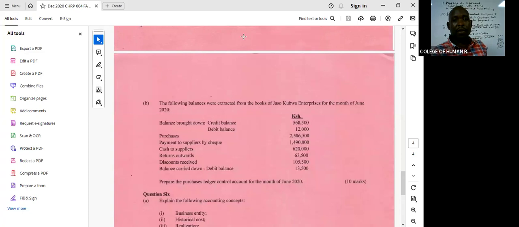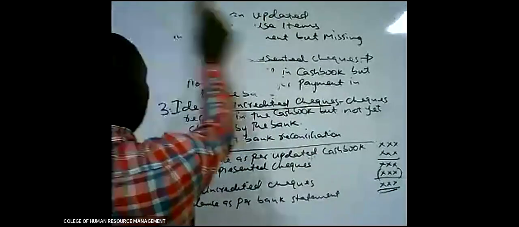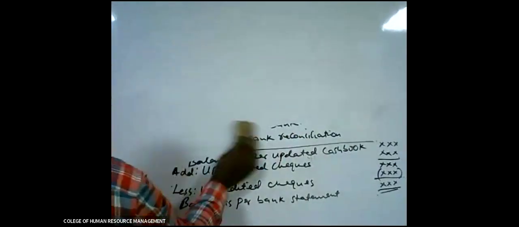So it is just a matter of understanding the format. These are some of those low-hanging fruits that you can pick with ease.